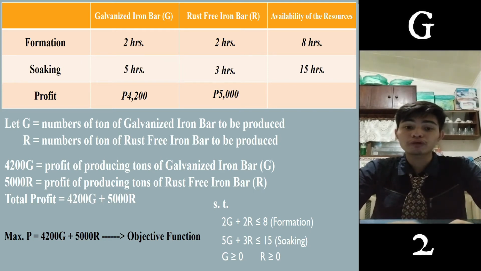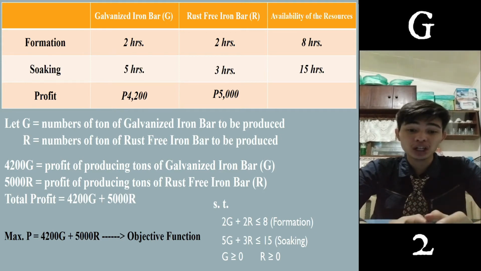And the total profit is 4,200 G plus 5,000 R. This objective function will become our model to maximize the profit that we need.